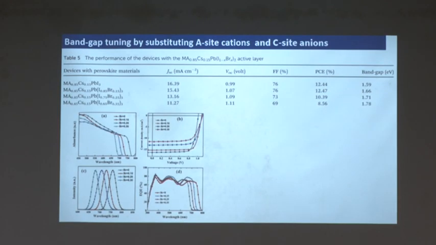Here is also an interesting situation, but we have a double change, because we have a change of the cationic part and the anionic. Yes, here is the same cation, but the composition of the anion, especially iodine and bromine, is changing.